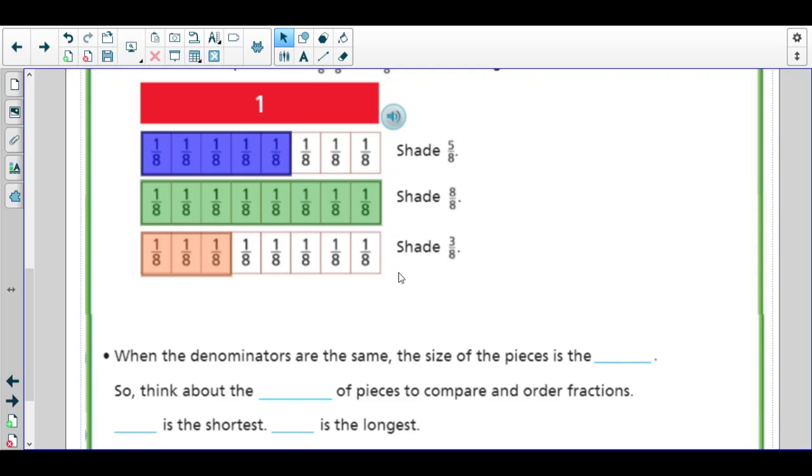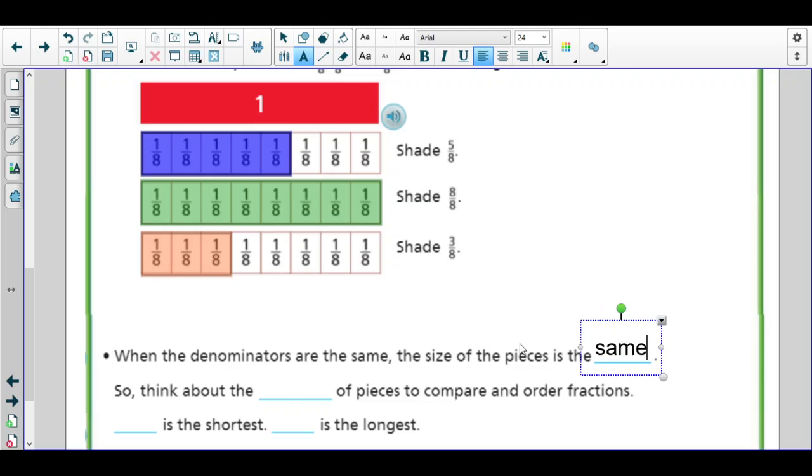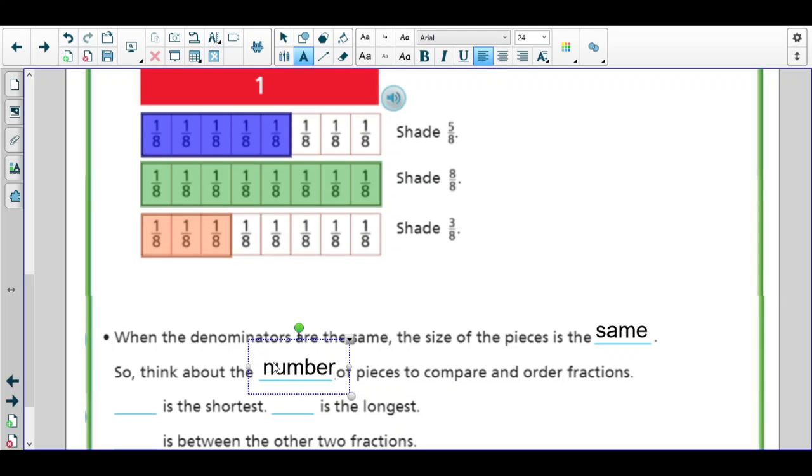All right, when the denominators are the same size, the sizes of the pieces is the same. So think about the number of pieces to compare and order the fractions. So which one is the shortest? Well, before we even get into this, I'm going to go back and show you.